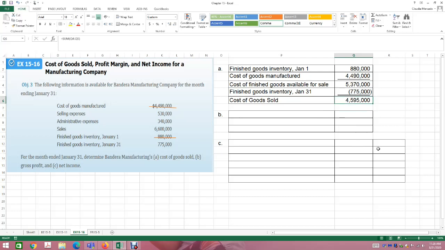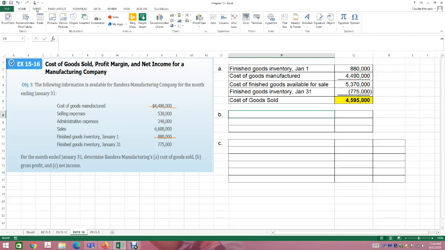That would give you a cost of goods sold of $4,595,000. So that is what actually was sold during the month of January. And let me mark that off, because then I forget and get confused at the end. So we've already used that number right there.